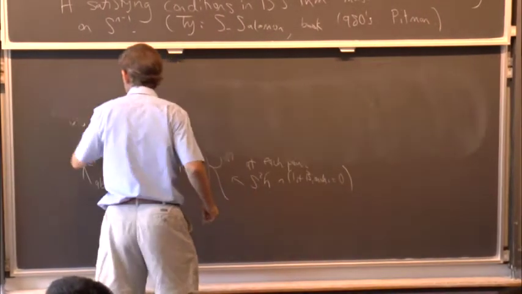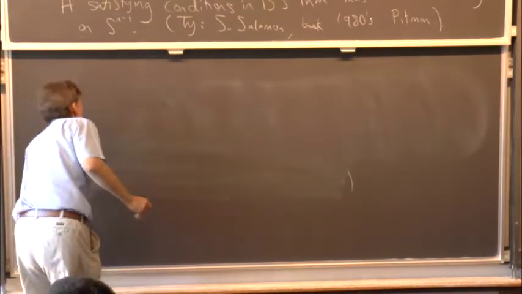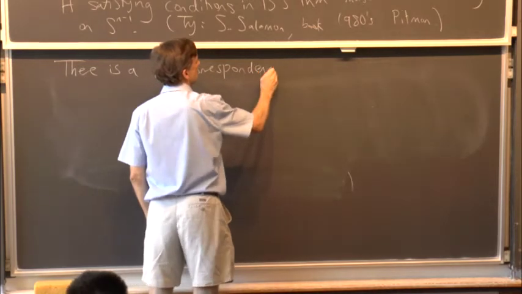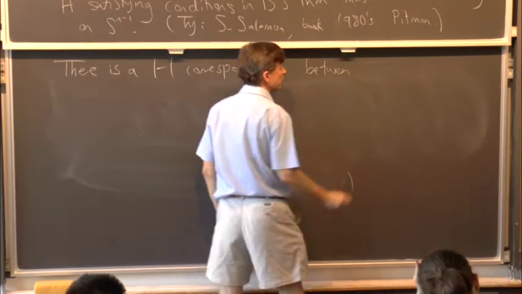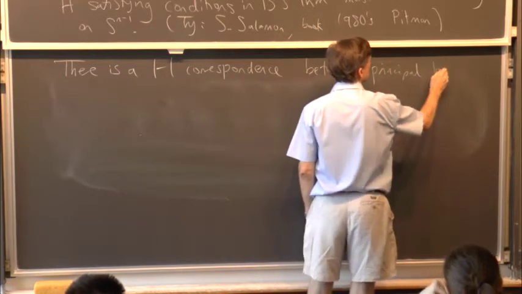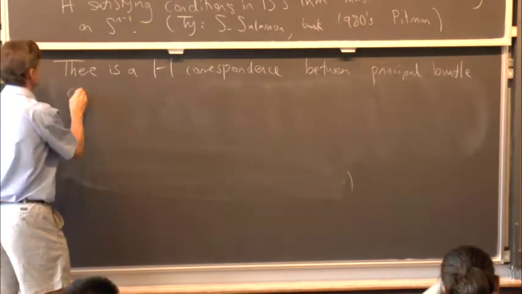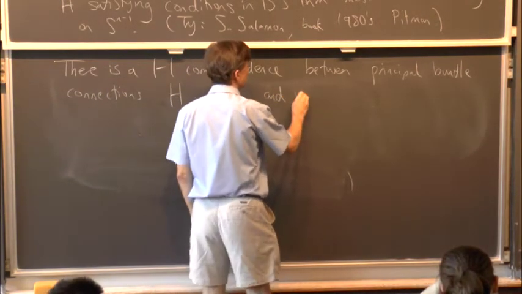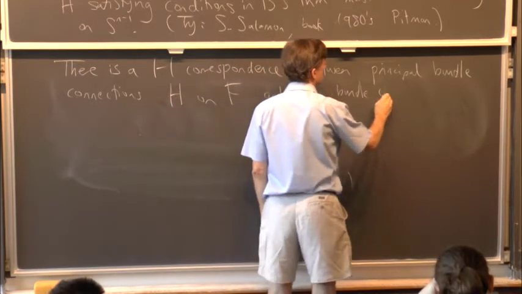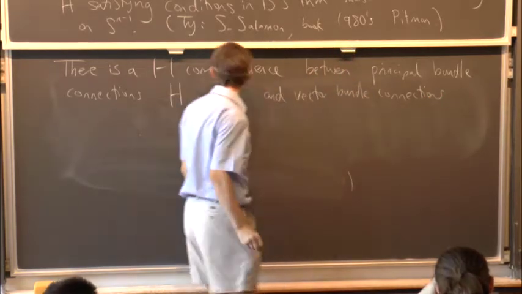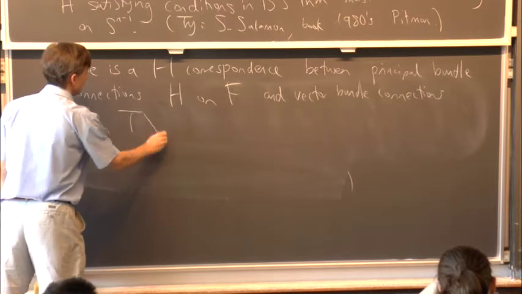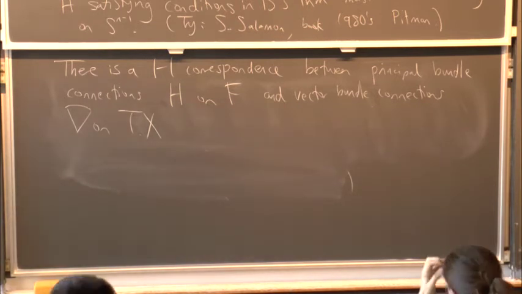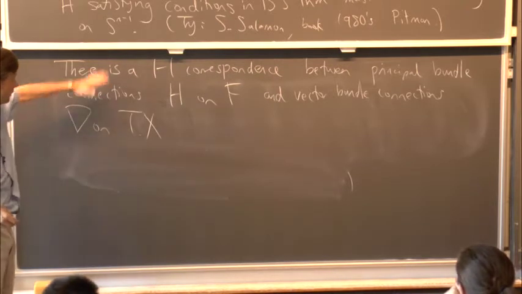Now also, there is a one-to-one correspondence between principal bundle connections H on the frame bundle F and vector bundle connections nabla on TX, and you can recover TX from the frame bundle F as the associated vector bundle of the usual representation of GL(n,R) on R^n.